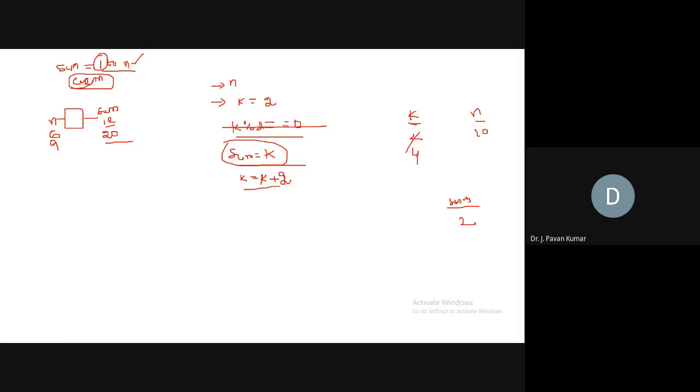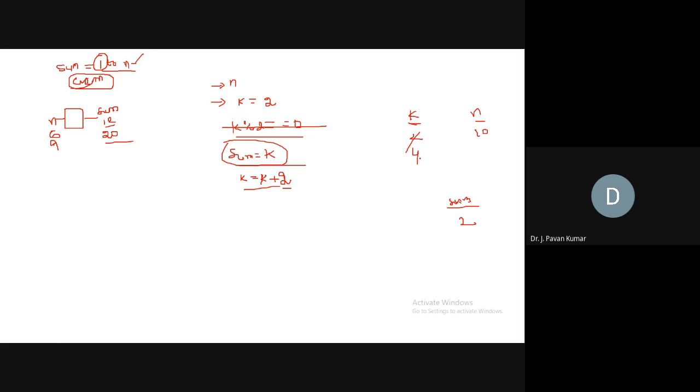Now, do we need to check whether 4 is even or not? No, sir. Why? Because we are incrementing by 2. Any even number, if you increment by 2, definitely we will get an even number only. So 4 we need not check whether it is an even number or not.